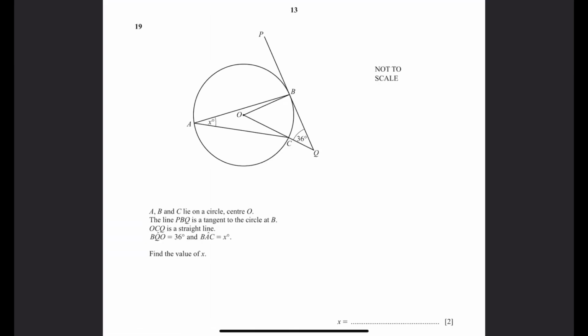A, B, C lie on a circle, and PBQ is a tangent to the circle at B. OCQ is a straight line.